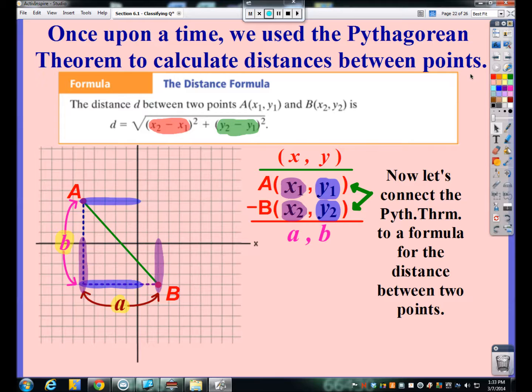Now, with the distance formula, if you remember, this was really early on in the school year, we talked about how the Pythagorean theorem could really be used in place of the distance formula. All we did to make the distance formula look like the Pythagorean theorem was subtract our coordinates. We stacked the coordinates of our 2 points on top of each other, so the x's and the y's were right above and below each other, and we subtracted them.